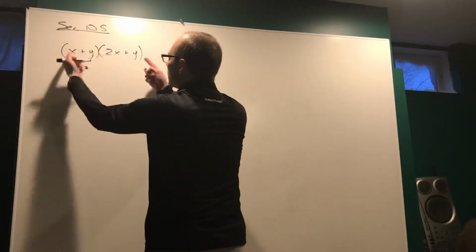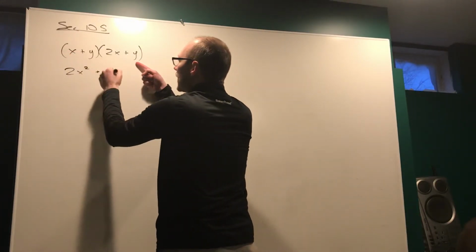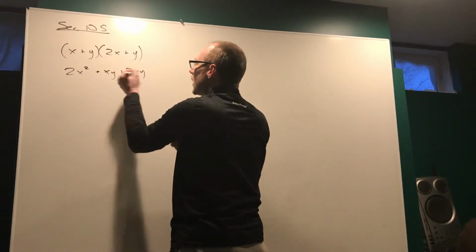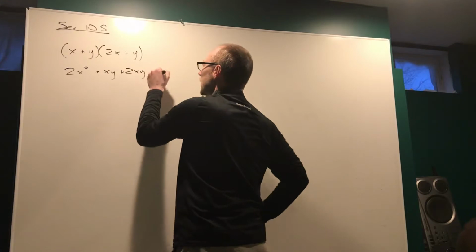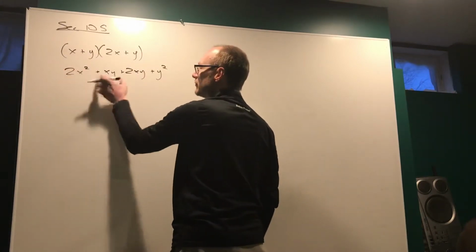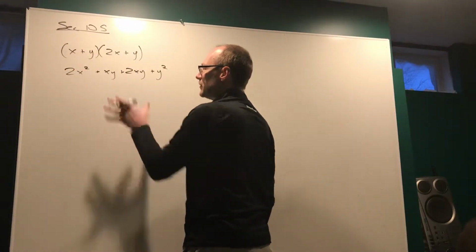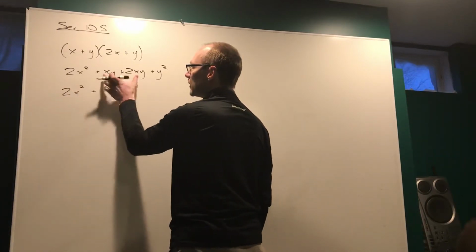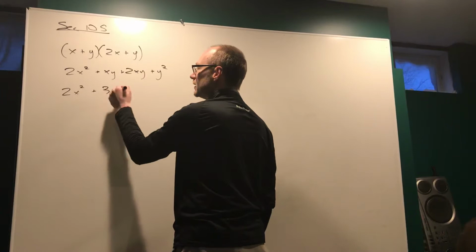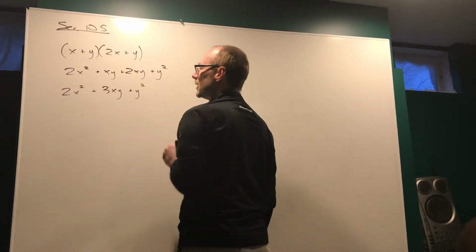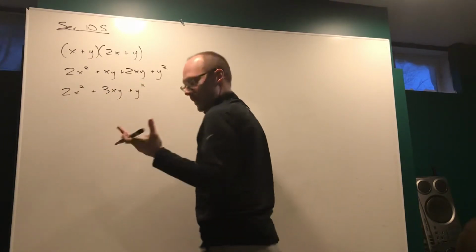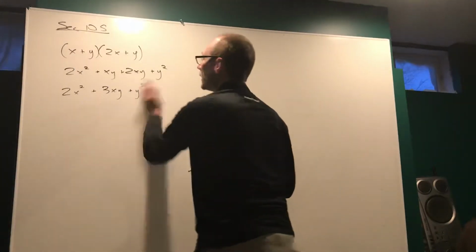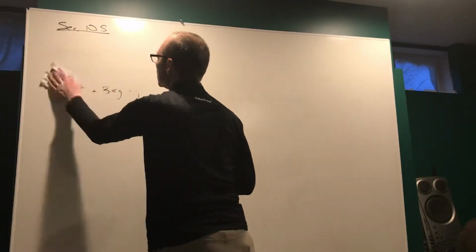FOILing the firsts, the outers we have plus xy, the inners we have plus 2xy, and last we have y squared. We have these four terms, and a lot of times they will simplify together. Maybe it'll be 2x squared plus 3xy plus y squared.